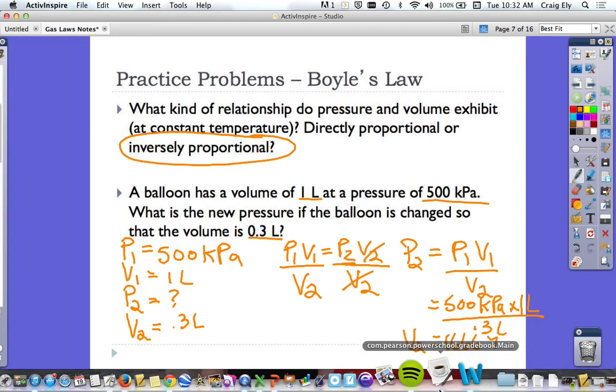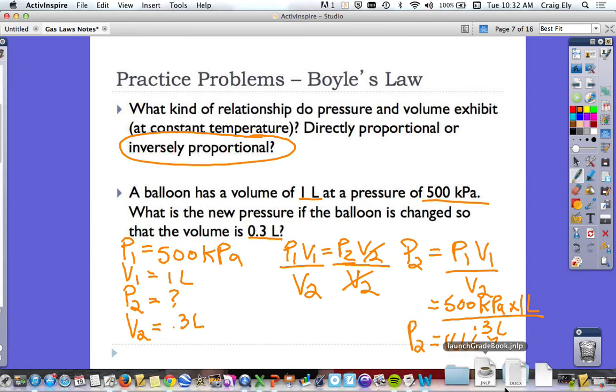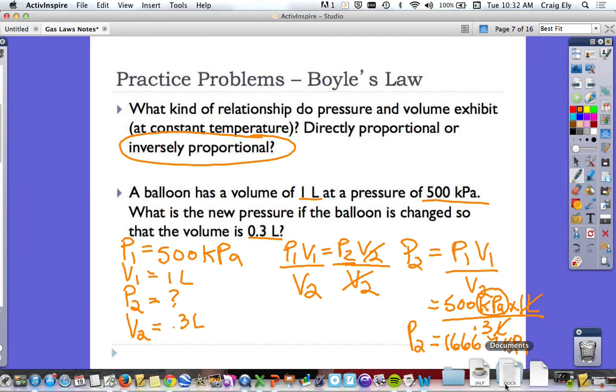We're calculating for our second pressure, P2, so my unit of measurement has to be kPa, because my liters cancel out. So it's pretty simple. It's just a matter of knowing what each pressure and each volume is, putting that into your formula, and manipulating the formula so you're calculating for the right variable.